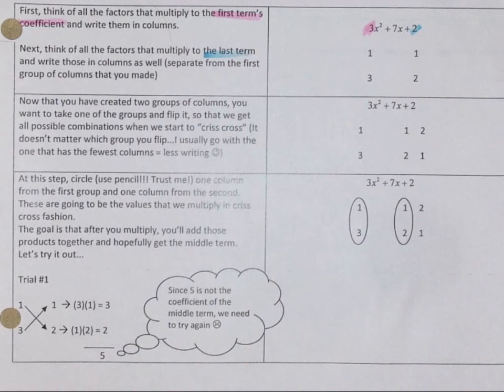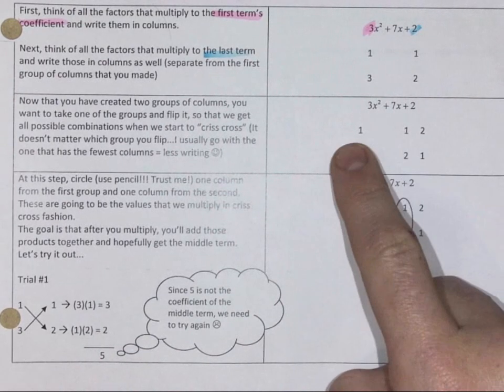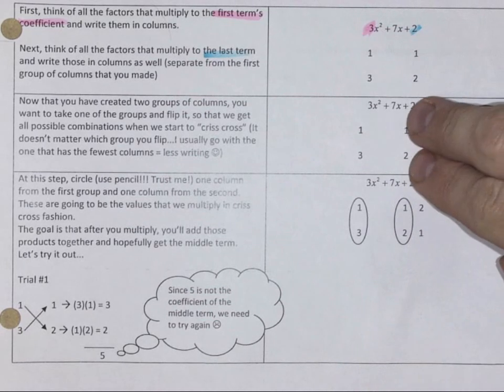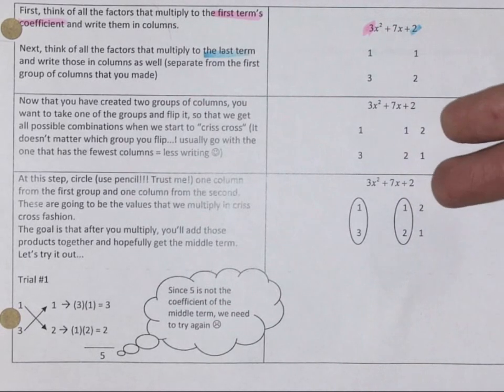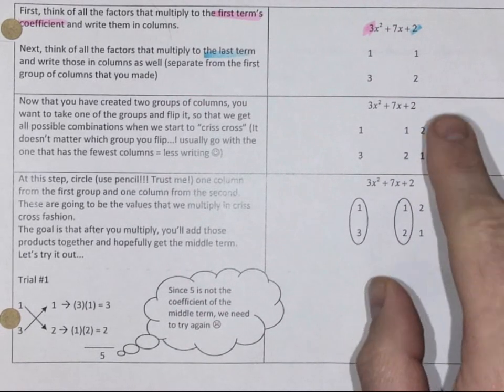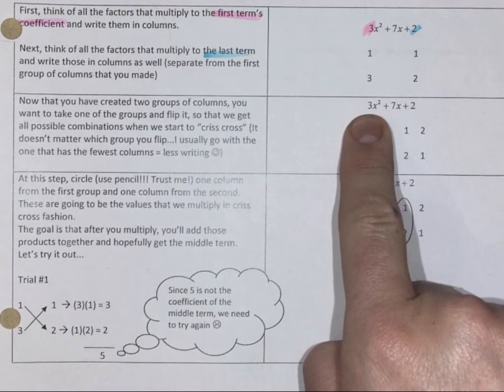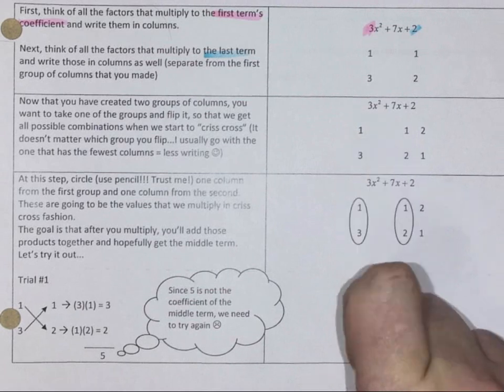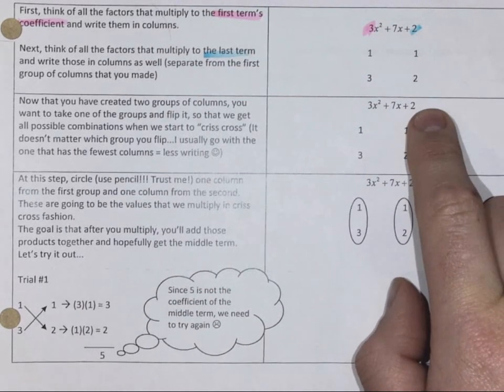However, we could have the combinations of 1 times 1 or 1 times 2. So we're going to take that pairing and we're going to write it as 1 and 2 and 2 and 1. We only need to do this for either the multiples of the first coefficient or the multiples of the last.